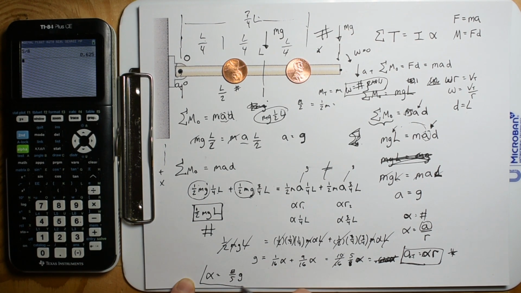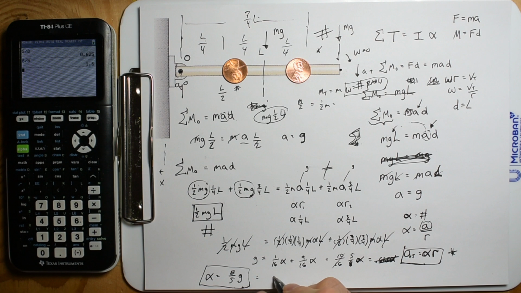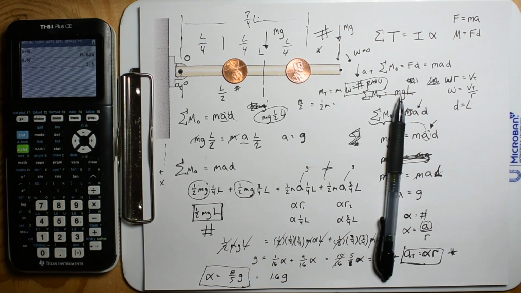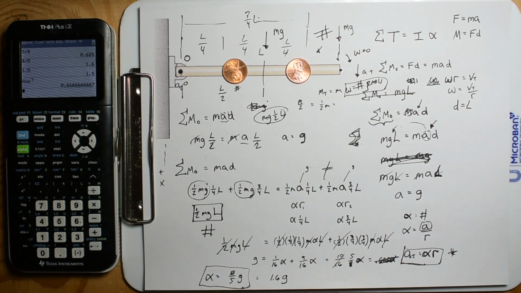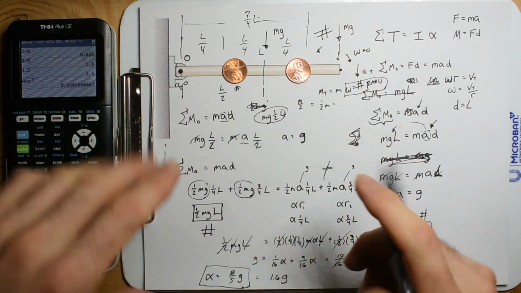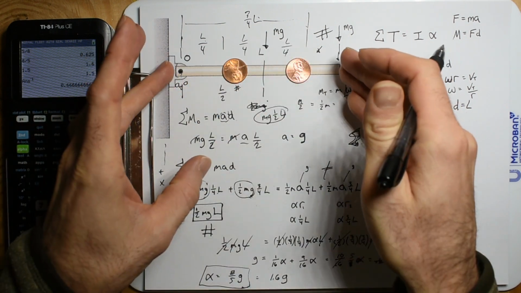Okay, yeah, that's going to make more sense. So our angular acceleration is going to be 8/5 g. 8 divided by 5 is going to be 1.6.